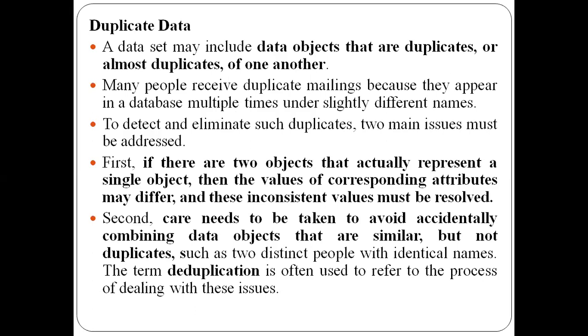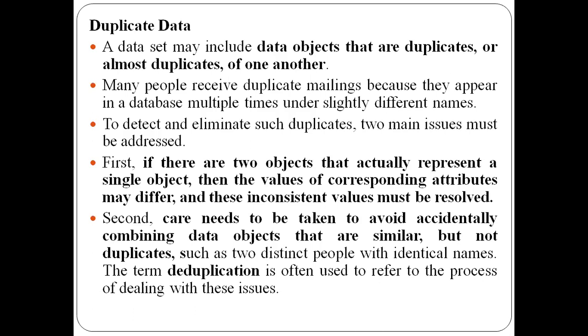In the second case, you have two data objects with some similar attribute values, but they are representing two different data objects. In that case, you cannot combine them because they represent two different values. So you need to maintain a separate copy for each of the data objects.